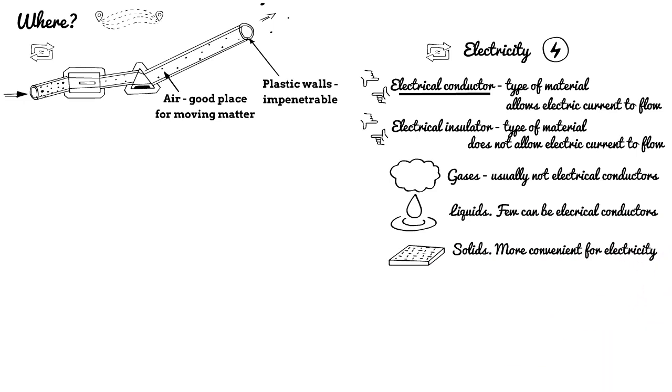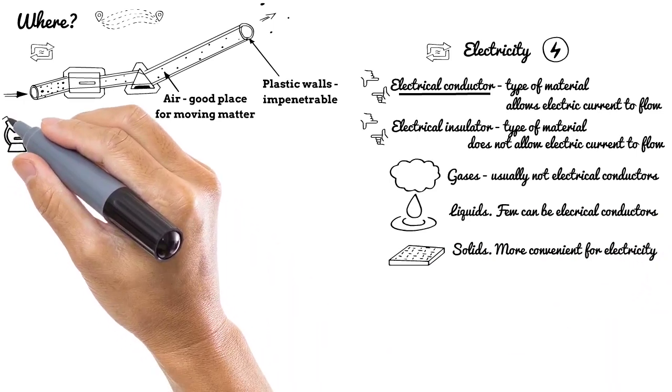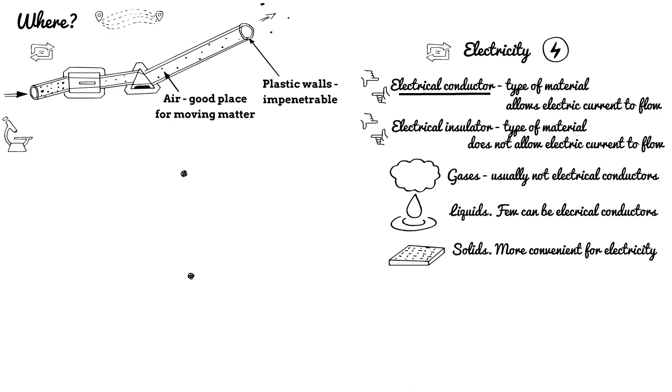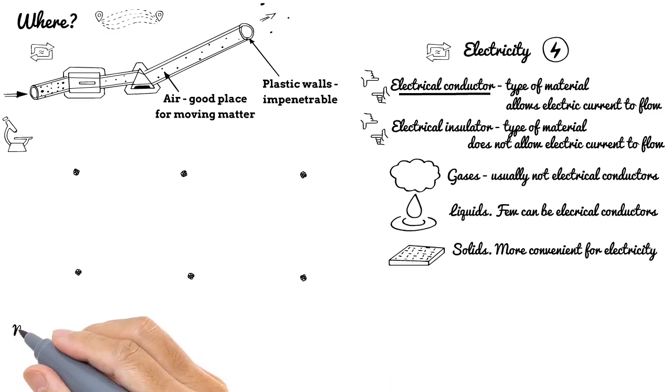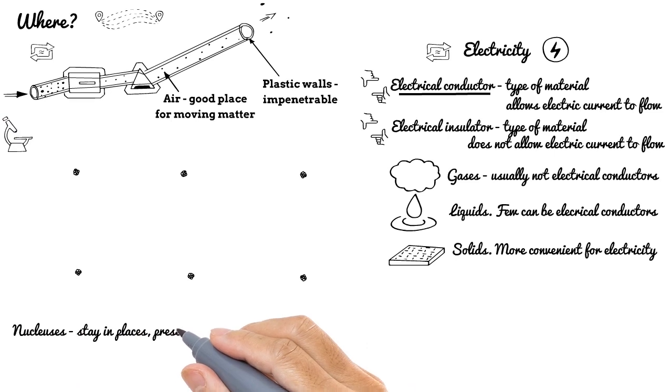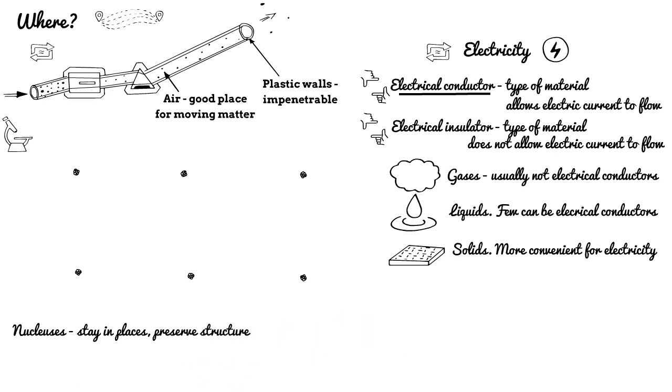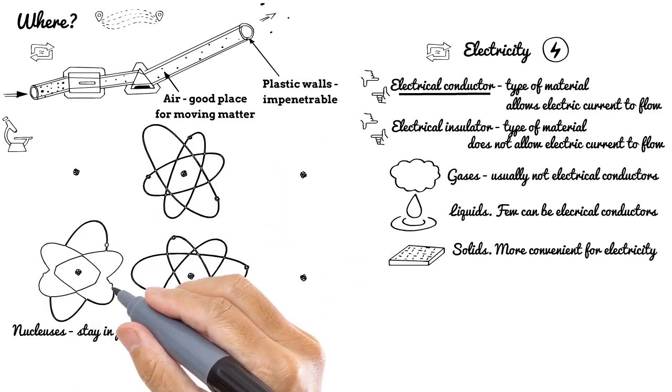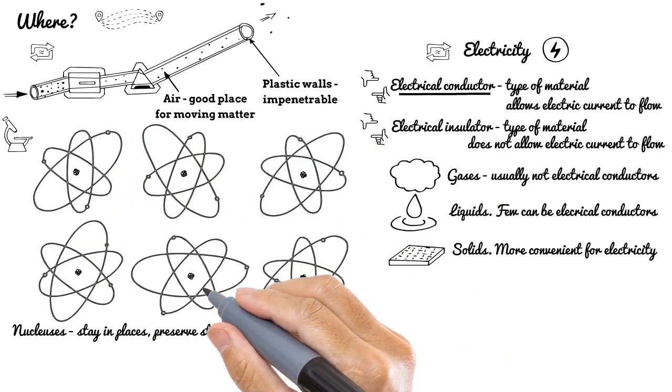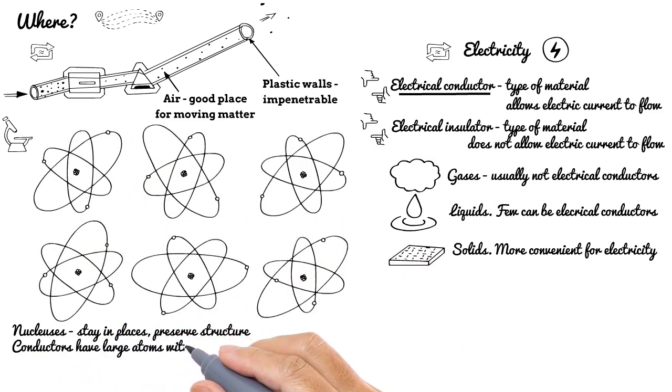Electrical conductors, when they are solid materials, keep their structure on a micro level by atoms' nuclei. Nuclei are not moving freely. They stay in their places and preserve the structure of the material in the form of a lattice. But atoms of conductors are big, containing lots of electrons.